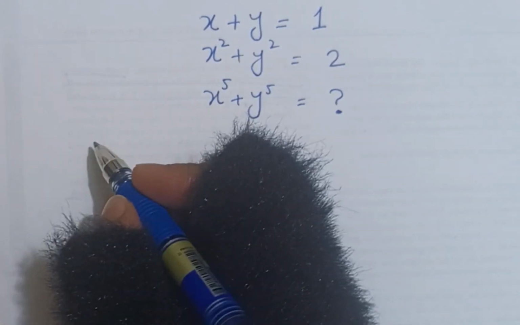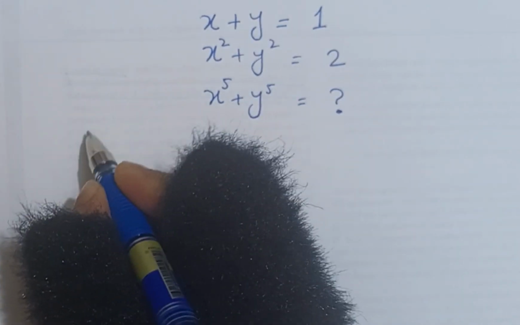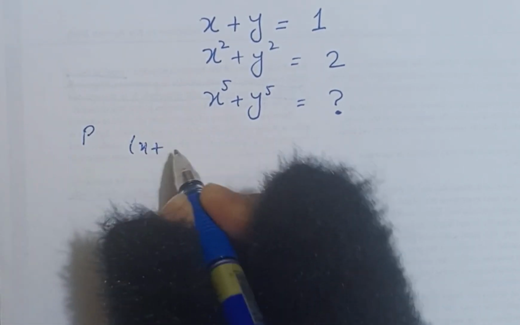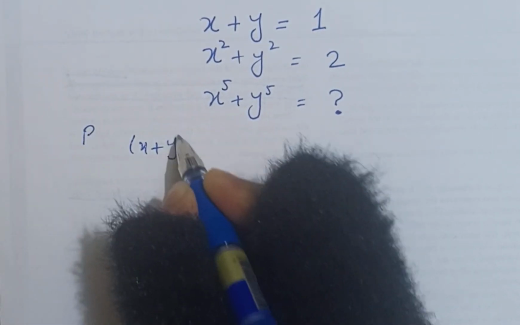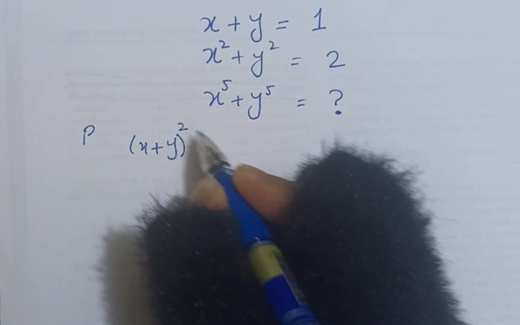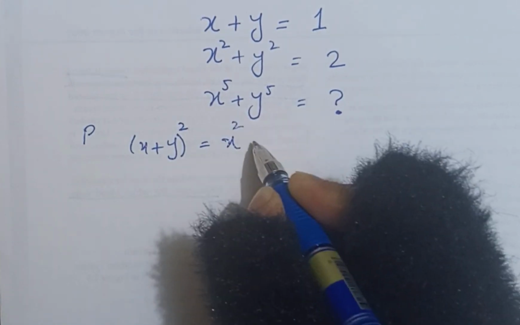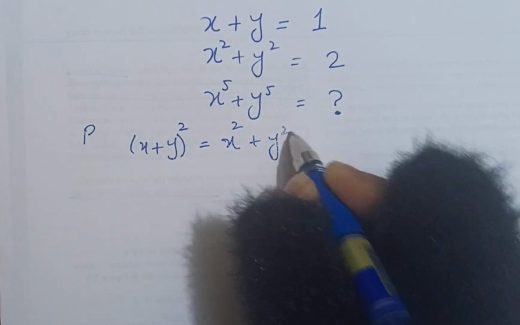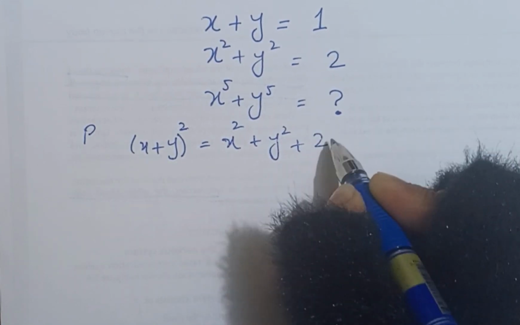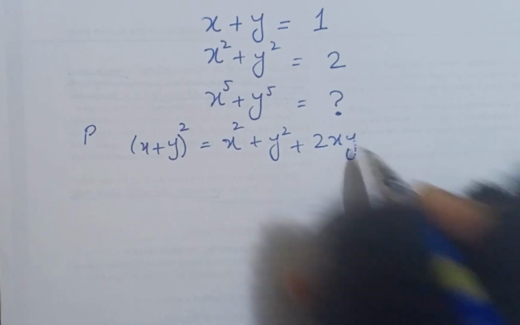Here we recall some identities. The first identity that we recall is (x plus y) whole raised to the power 2. As you know, it is equal to x square plus y square plus 2 times the product of x y.